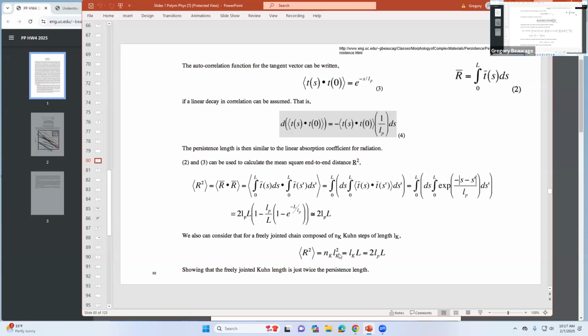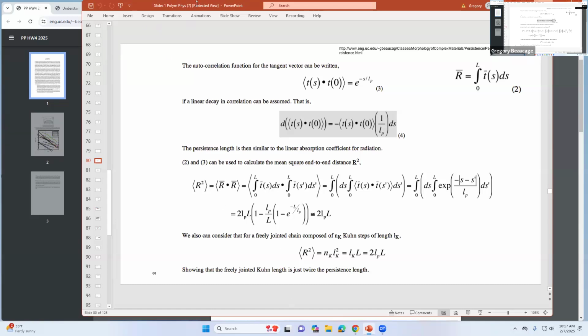Then you can say N_K times L_K is capital L, then just have L_K times capital L. And then this thing is 2LP, so 2LP has to equal L_K for an infinite Gaussian chain. Gaussian comes from here, infinite comes from there. Right, so those are the limits of it.